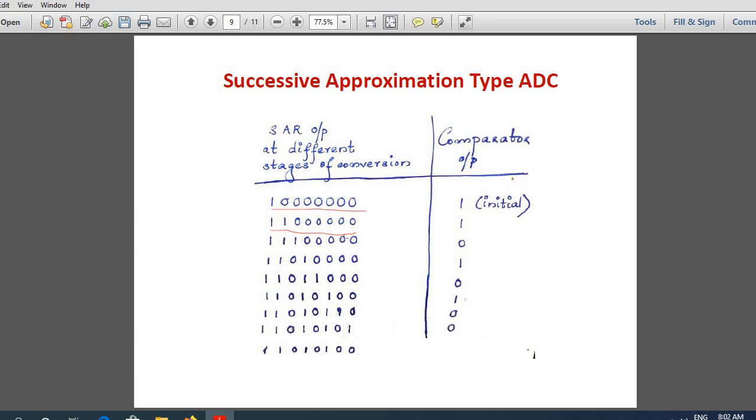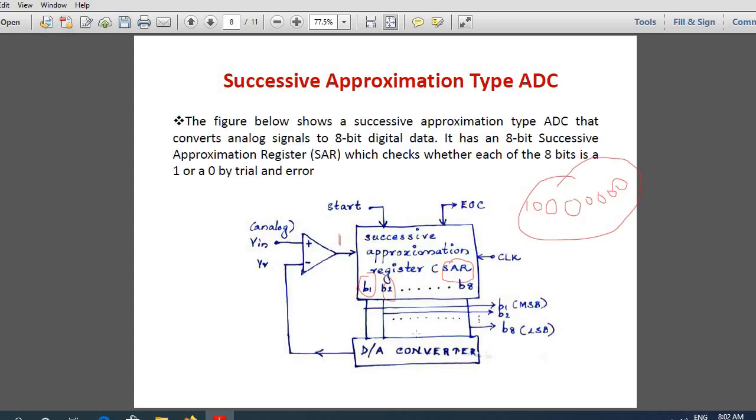Now the second bit also will be set to 1. Again, that digital data 1 1 followed by zeros will be converted to an analog signal, and it will be compared with our analog input. So suppose that again the comparator output is a 1.